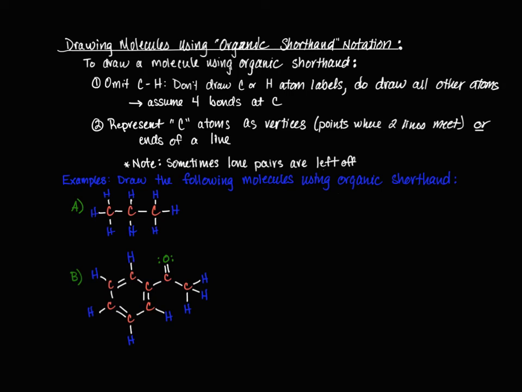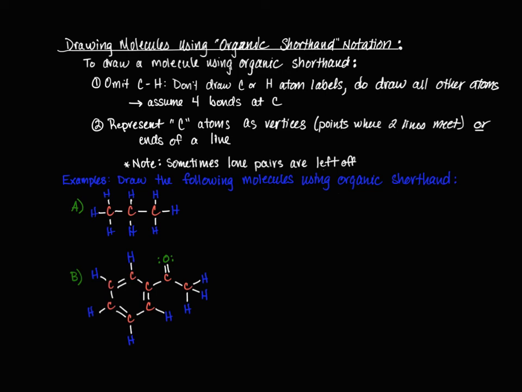So we assume that all carbons need to make 4 bonds. Okay, so any carbon that doesn't have 4 bonds, we assume there are enough hydrogens to give us 4 total bonds. Okay. So we're going to represent carbon atoms as vertices, or a point where 2 lines meet, or at the end of a line. Okay.